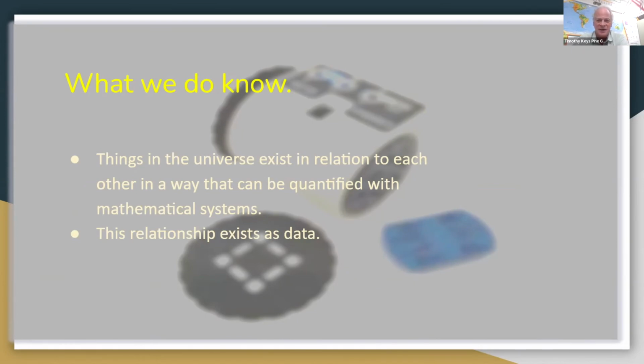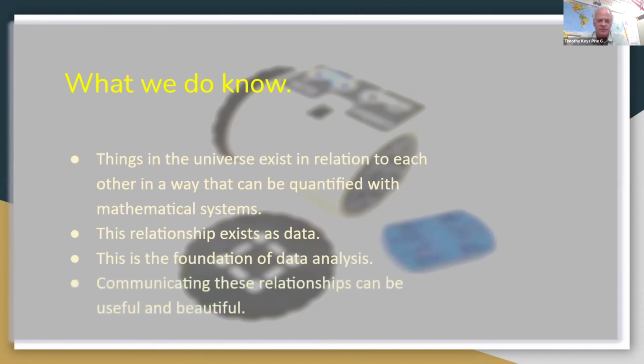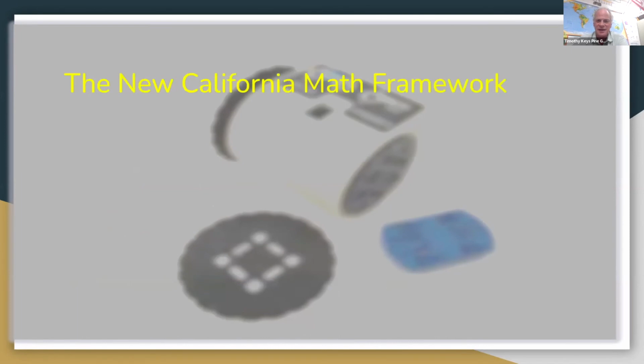This can be quantified. And this kind of quantification can be communicated through mathematics all across the world. And it's useful, but a lot of mathematicians find the data relationships beautiful as well. And so there's a certain amount of art to the math that I like.